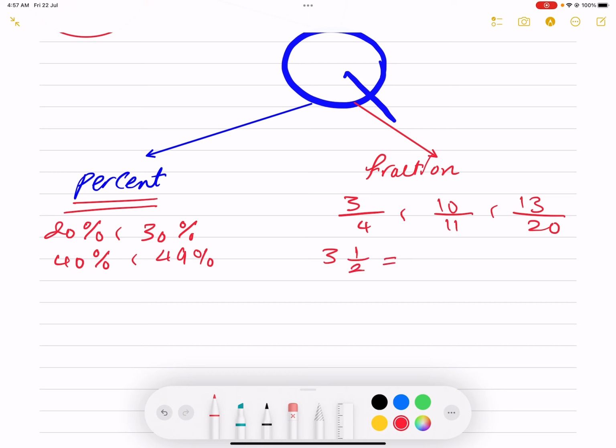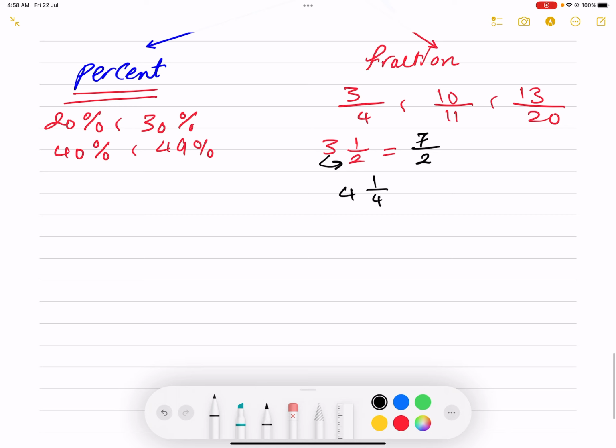You can convert it to make it rational. You keep the denominator as it is: 3 times 2 equals 6 plus 1 equals 7. What about 4 and a quarter? Remember that you keep the denominator: 4 times 4 equals 16 plus 1, so it will be 17 out of 4. So all these numbers in front of you are rational numbers.